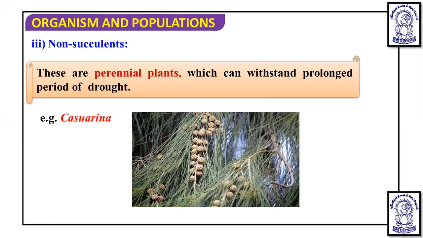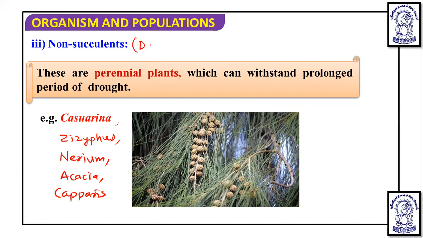So you can write Casuarina, then Ziziphus, Nerium, Acacia, and Capparis. These are the non-succulents, and non-succulents are the true xerophytes.